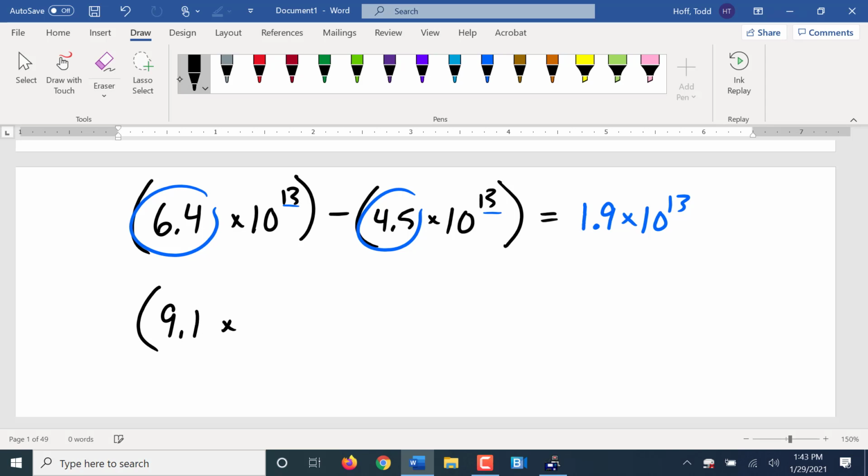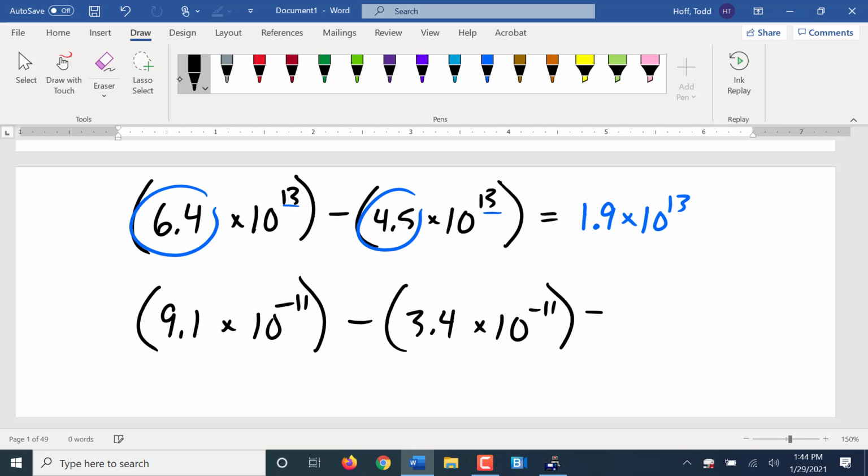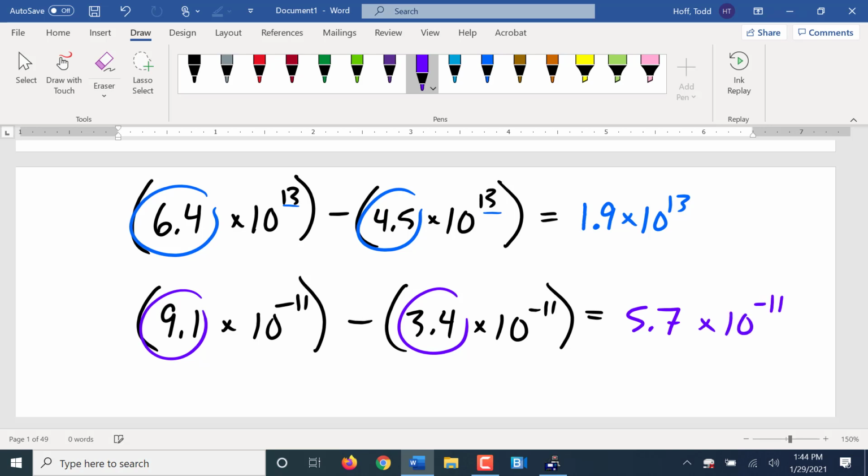Or 9.1 times 10 to the negative 11th minus 3.4 times 10 to the negative 11th. We combine counts, 9.1 minus 3.4 is 5.7, there you go, times 10 to the negative 11th.